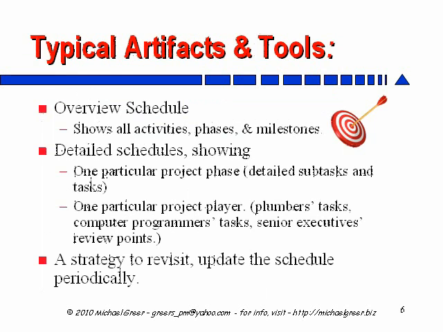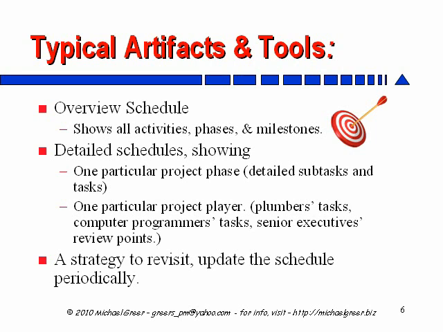So, summarizing, here are your targets for step 6, build a schedule. First, an overview schedule that clearly communicates all the activities, phases, milestones, and the way work is going to flow throughout the project.